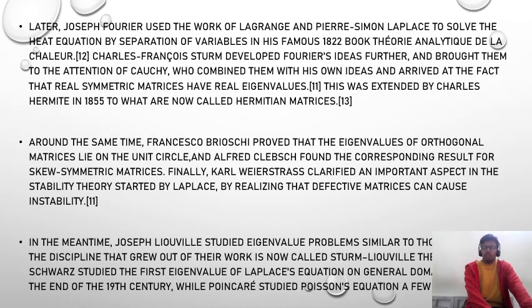Later, Joseph Fourier used the work of Lagrange and Pierre-Simon Laplace to solve the heat equation by separation of variables in his famous 1822 book Theory.